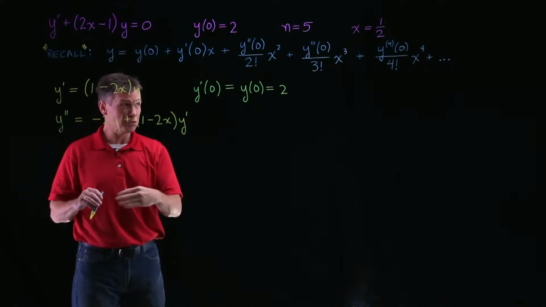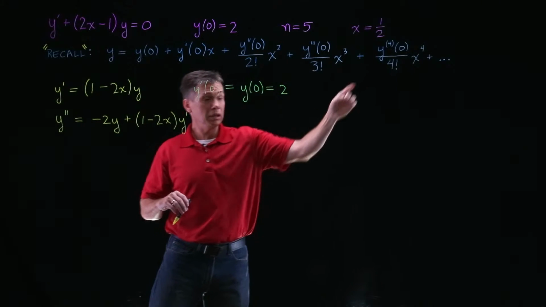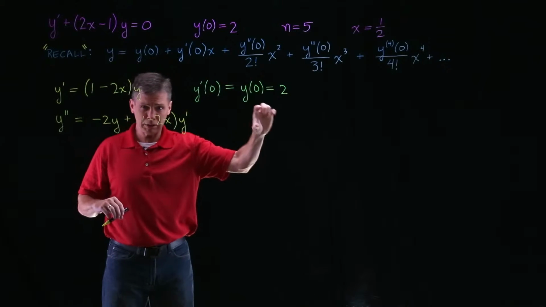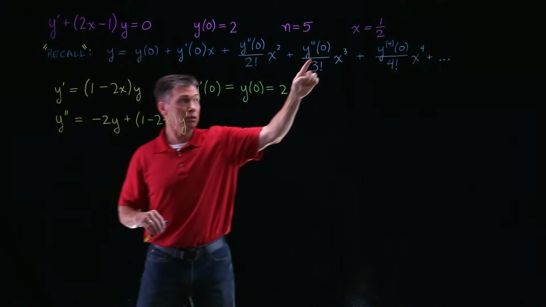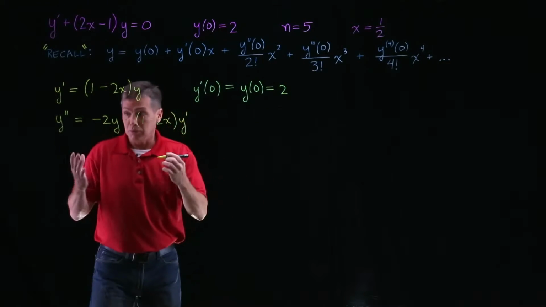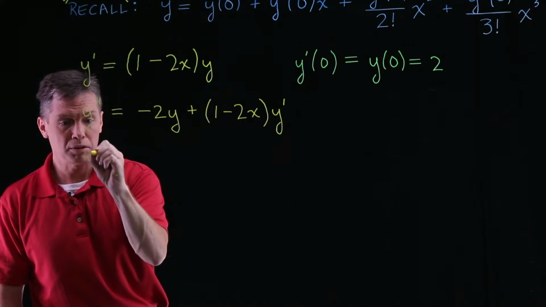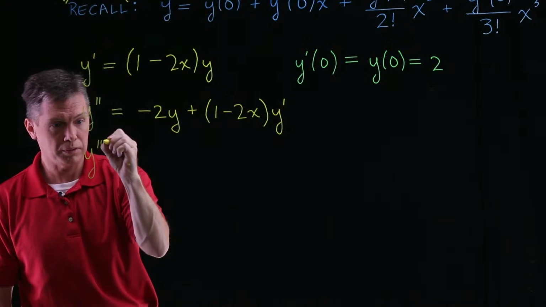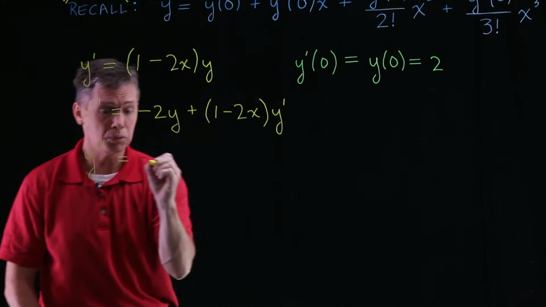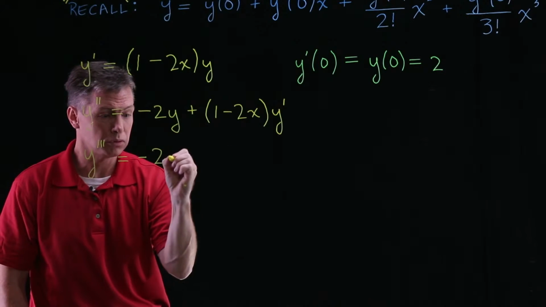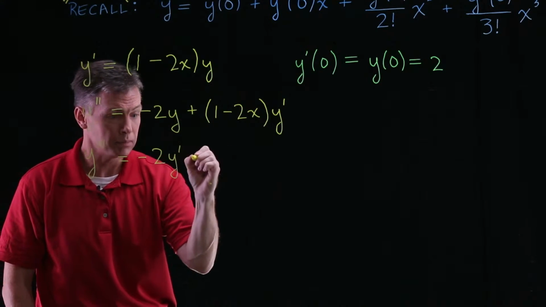And when I'm done with my 4 derivatives that I need, I'll back up here and do a green line for each of them as well and evaluate those derivatives at 0. Okay? All right, so my third derivative equals the derivative of minus 2y is minus 2y prime.